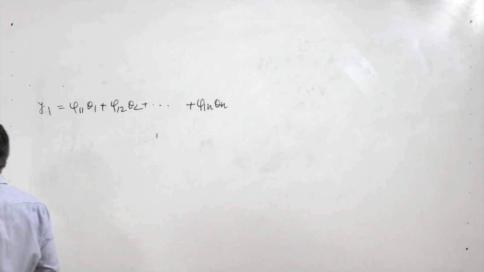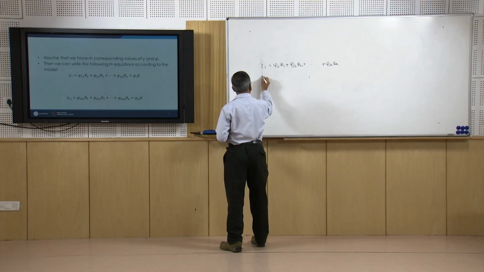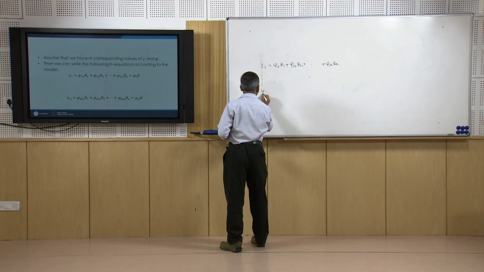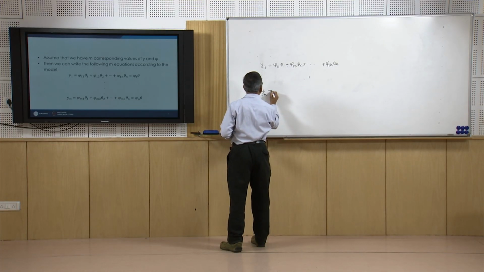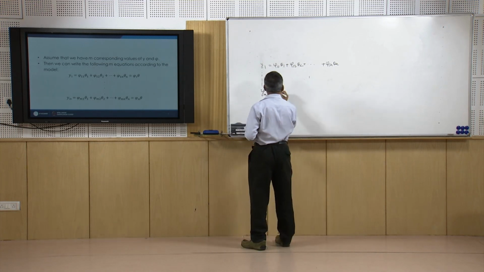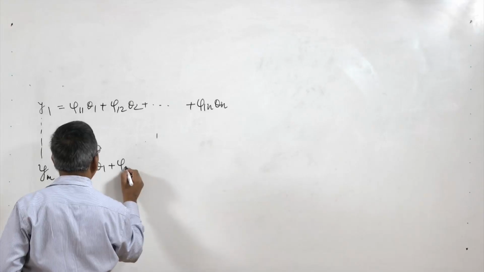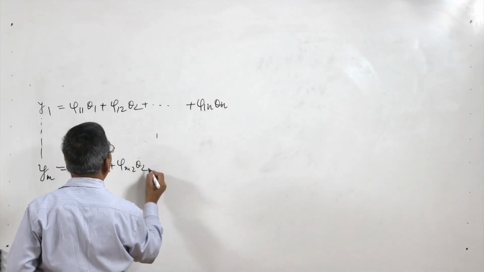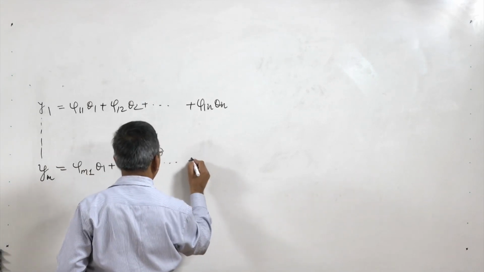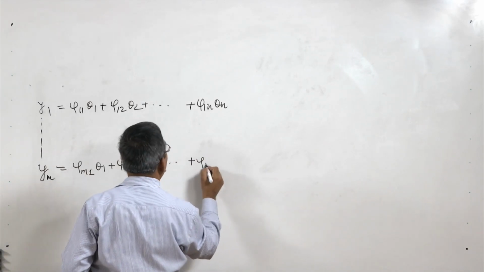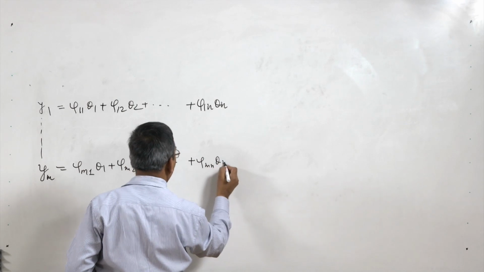So, this is 1 and we can have m such values. So, I can write y m is equal to phi, here since there are m values, so this will be phi m1 theta 1 plus phi m2 theta 2, okay, and so on. So, I will have phi m n theta n.